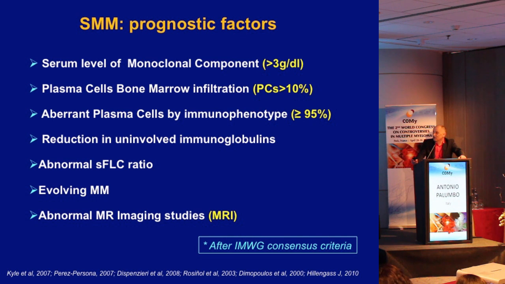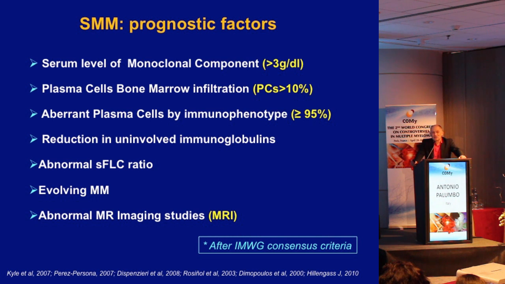And certainly the definition today is, as we were saying before, 3 grams and 10% of plasma cells, and you can add to this the aberrant plasma cell by immunophenotype, reduction of uninvolved immunoglobulins, evolving free light chain and abnormal ratio, as well as the bone marrow infiltration that is already a definition of myeloma.